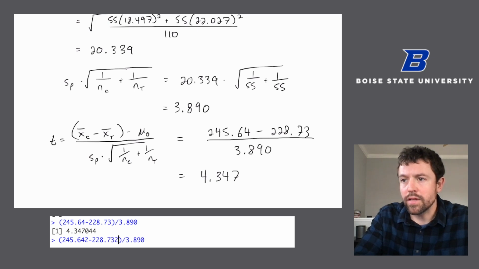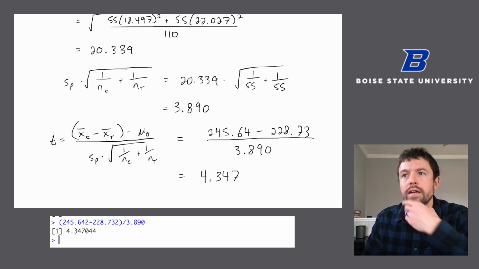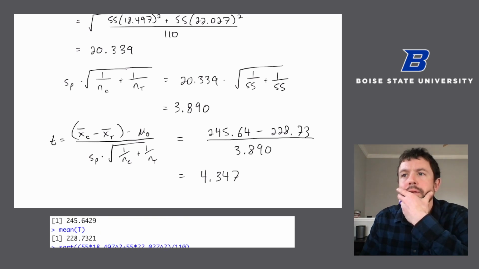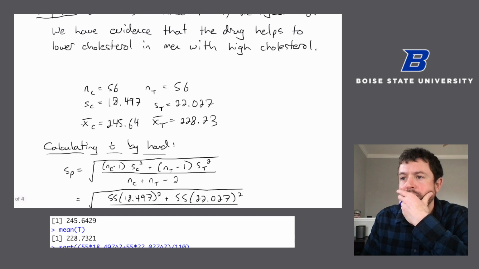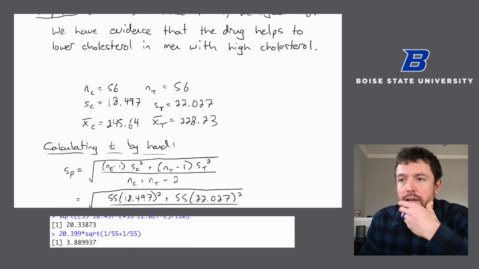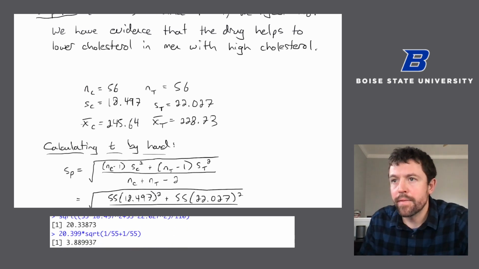I just want to make sure, because this is disconcerting. I'm just doing a quick check over my work here. It's not particularly important. I just want to make sure I haven't written anything down wrong.